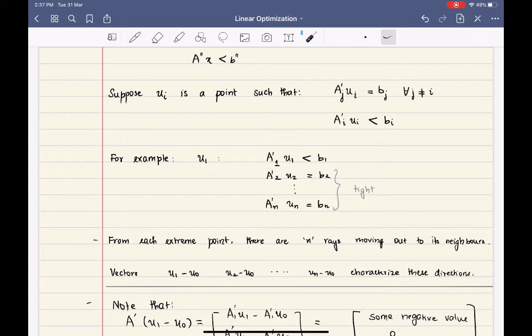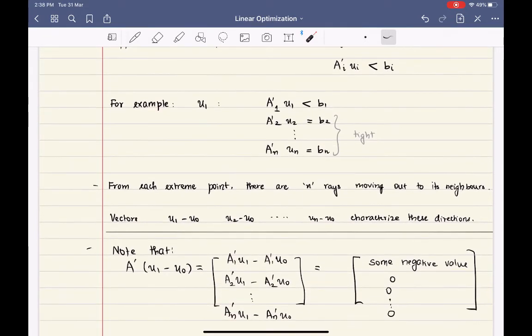And the vectors u1 minus u0. So we picked some u1 which satisfied this, and we look at u1 minus u0. That will be the line corresponding to one of the directions. u2 minus u0 will be yet another line, and un minus u0 will be the nth line. Now, what is A prime of u1 minus u0?